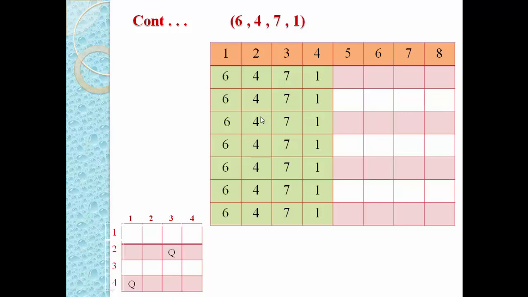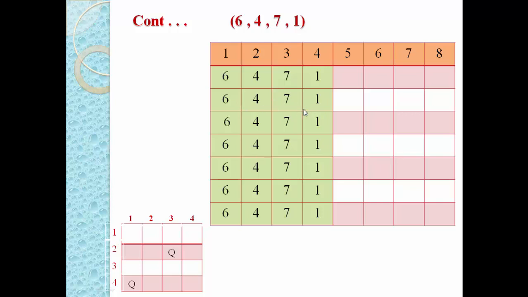Now the second thing is, as we discussed, this value indicates the column number. So 1 queen is available on column number 1, 1 queen on column number 7, 1 queen on column number 4 and 1 on column number 6. So we are not repeating these values, otherwise 2 queens would be on the same column.